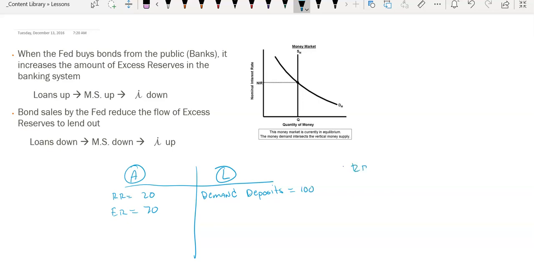And let's say we have a reserve requirement for this bank of 0.2. So now we have 20 in required, which is what we need. We have 70 in excess, but we're missing 10. That last $10 that the bank has sometimes goes into securities, aka treasuries, aka bonds.